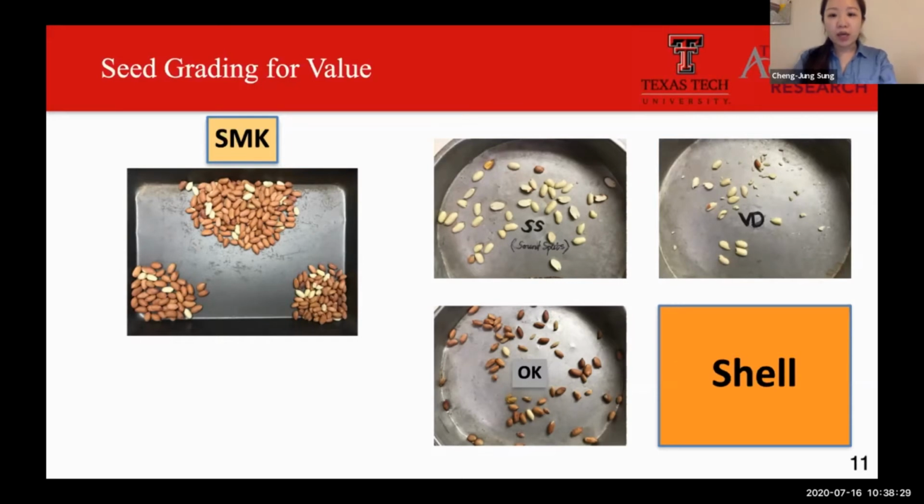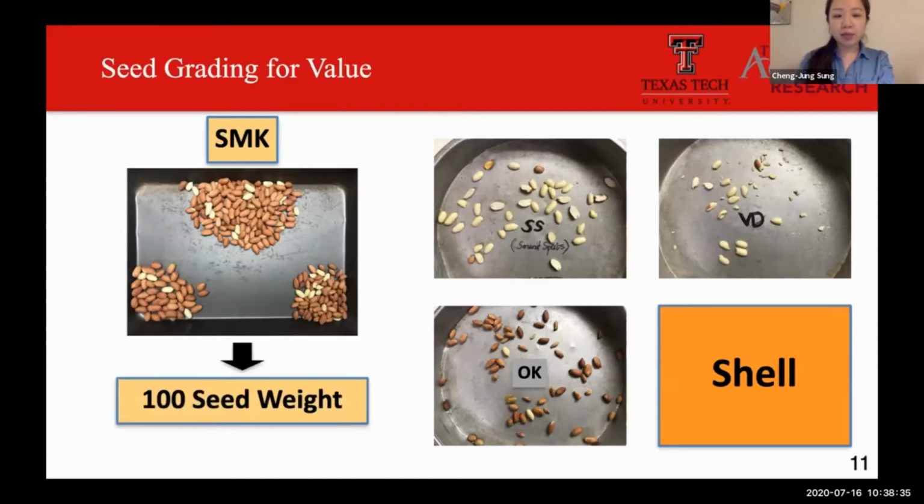And so we weigh all these different categories and also weigh the shell. And also from all the SMK seeds, we randomly pick 100 seeds to get the 100 seed weight.